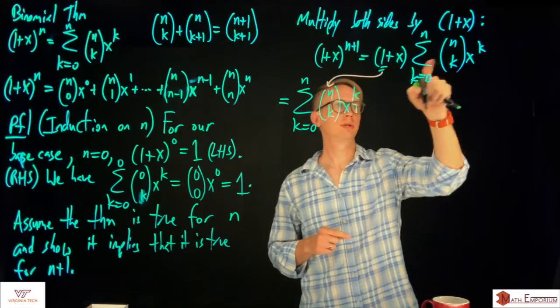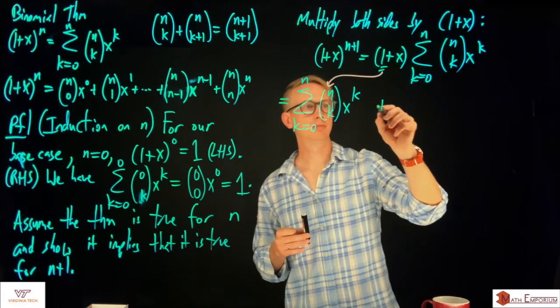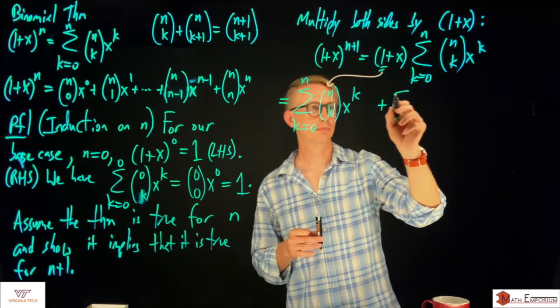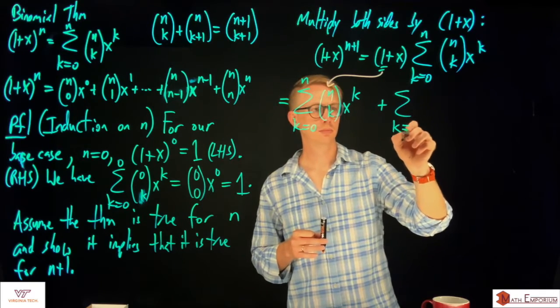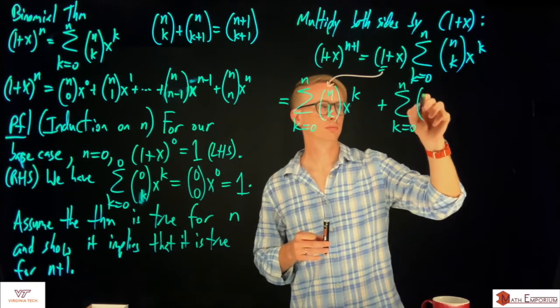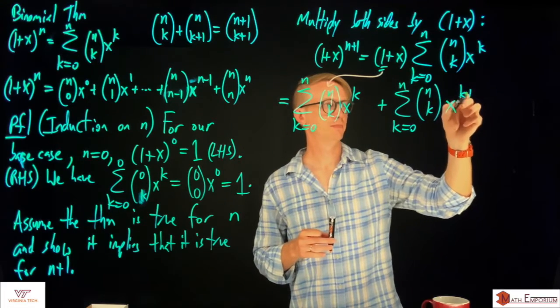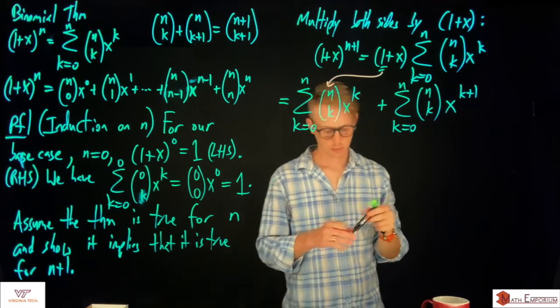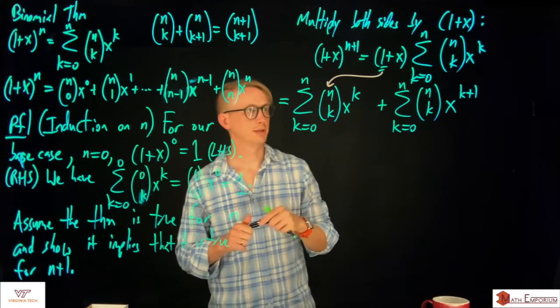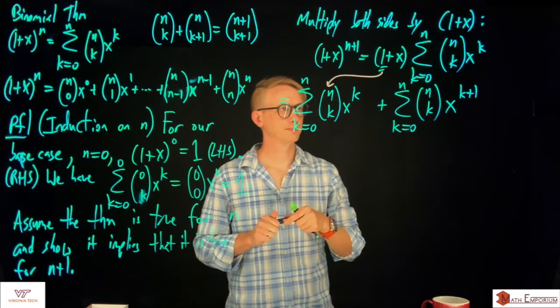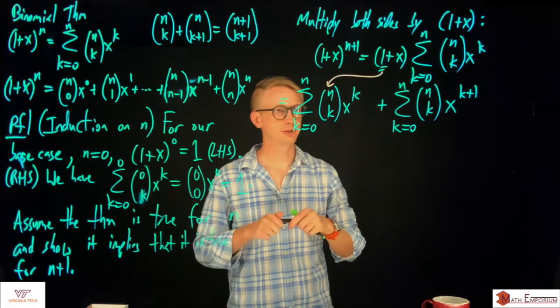Alright, now when I multiply the summation by x, that's going to bump up all of the x powers by 1. So instead of x to the k, I have x to the k plus 1. Okay, we're going to have to fix that. That's actually important to fix. There's going to be consequences for fixing that.